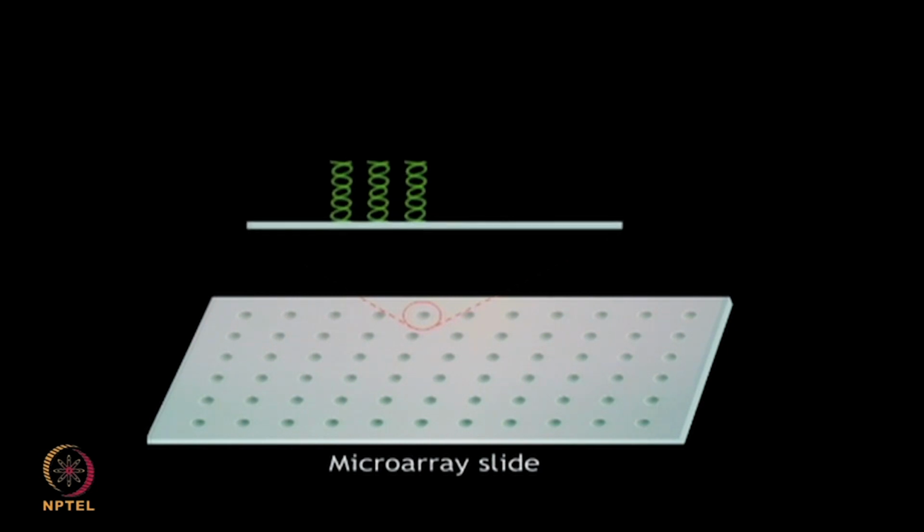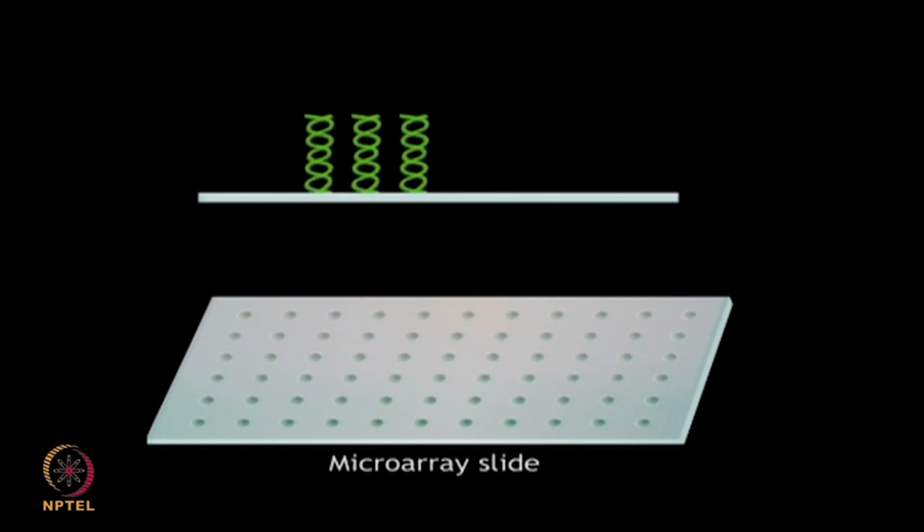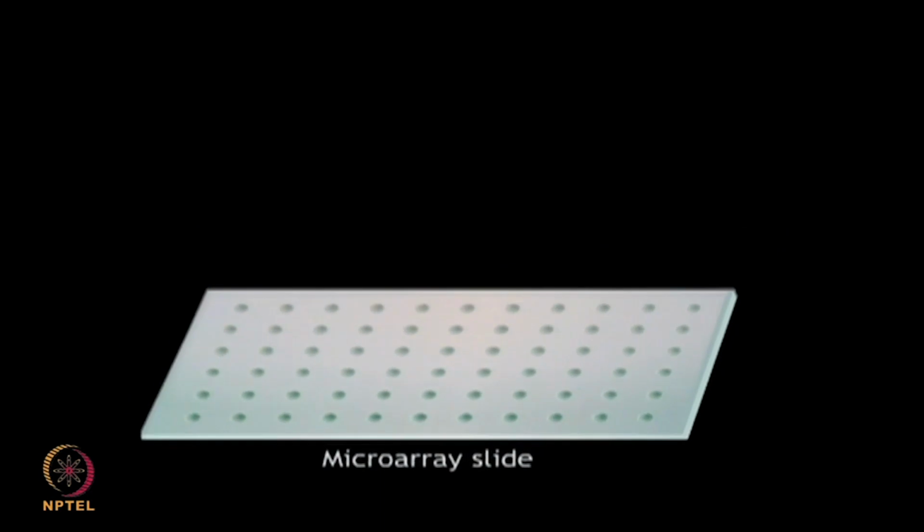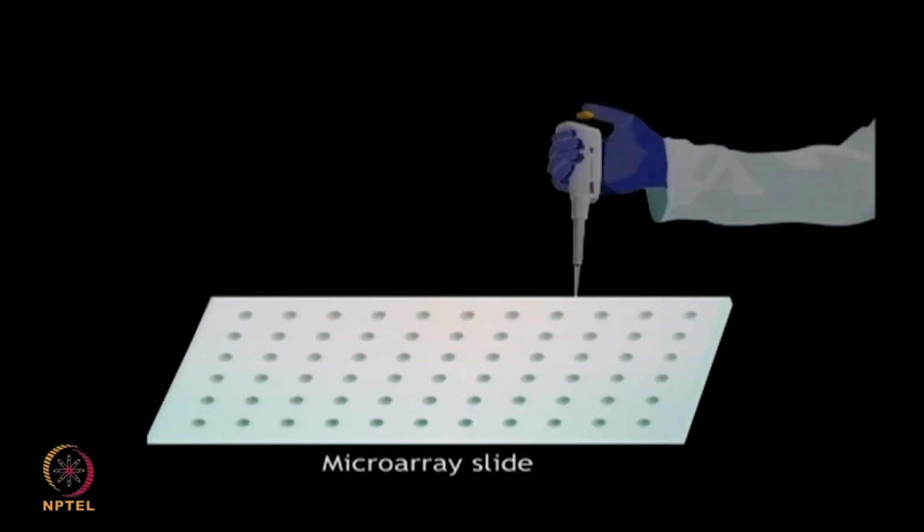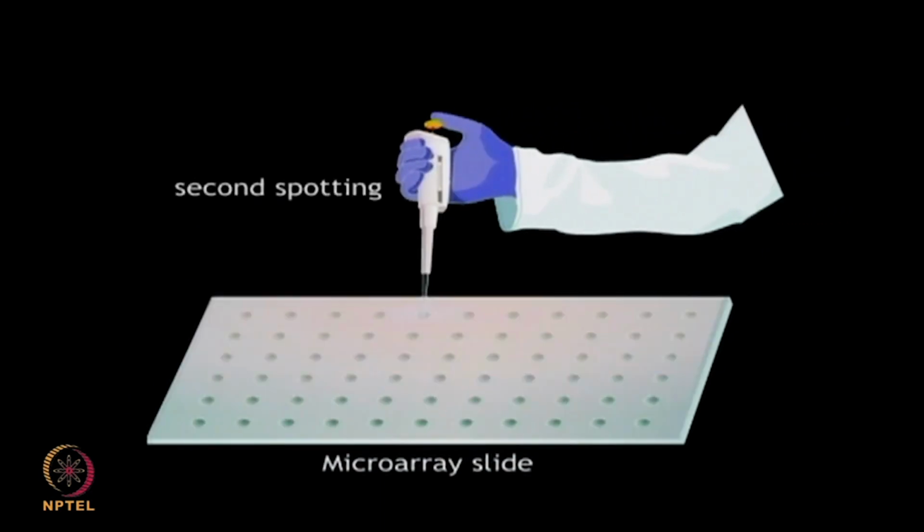It involves addition of template DNA onto the solid array support. The template DNA can even be in the form of unpurified PCR product, which is one of the major advantages of using this MIST technique.